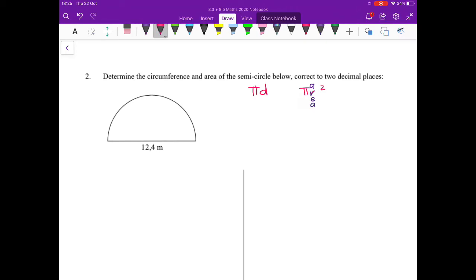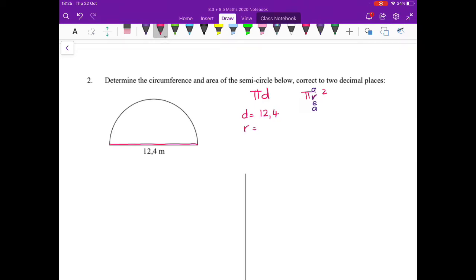And then the next thing, remember I said you write down diameter equals, radius equals. I have got 12,4, so that is my diameter, 12,4. So the radius would be half of that, and half of 12,4 is 6,2. And again, we are working in meters.